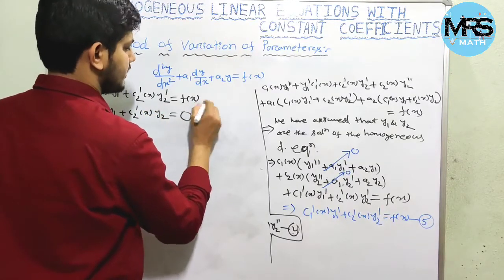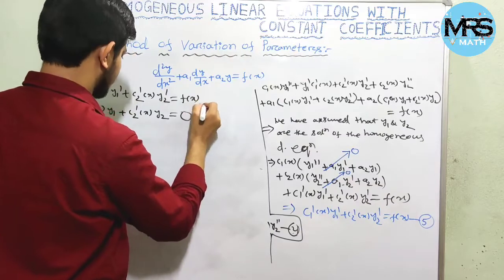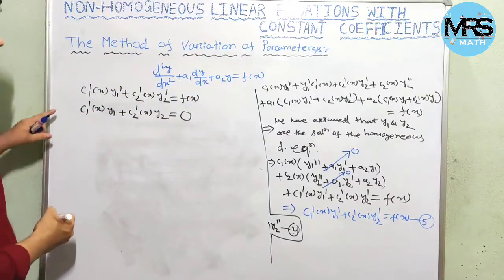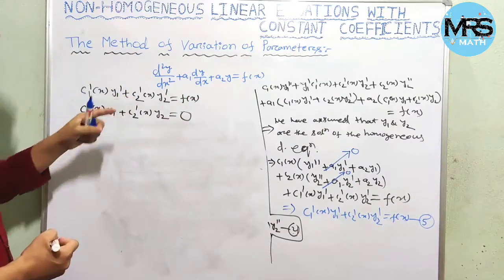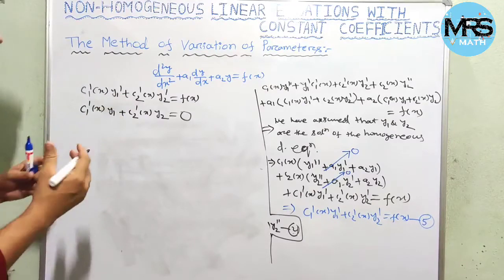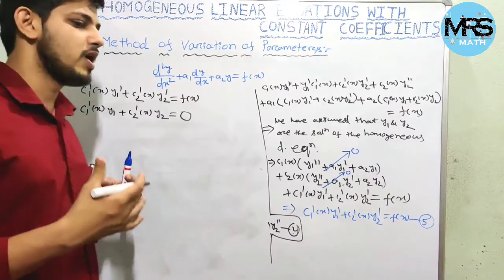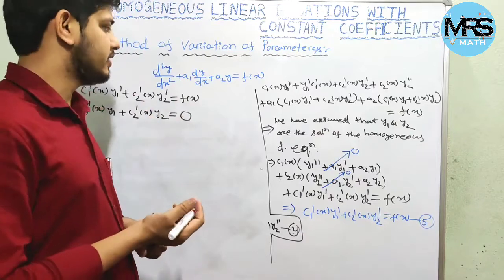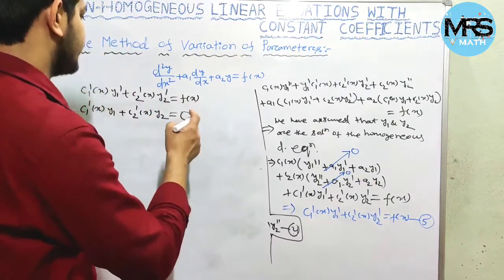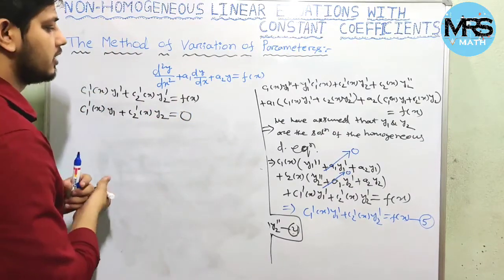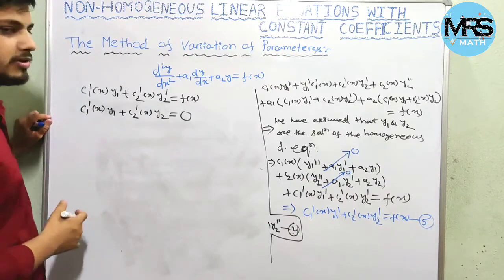So these two equations are there, and two unknowns, that is c1 dash and c2 dash. We will calculate c1 dash and c2 dash. After that, to find c1 and c2 we will integrate. After that we can put it in the general equation, so that will be our particular integral.